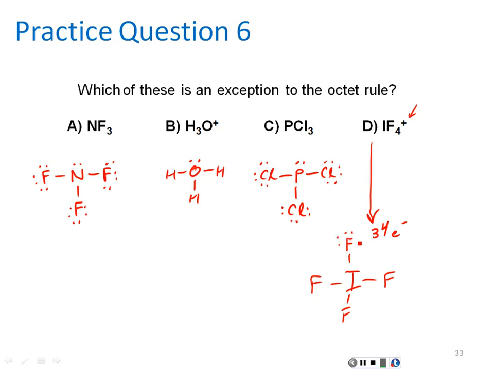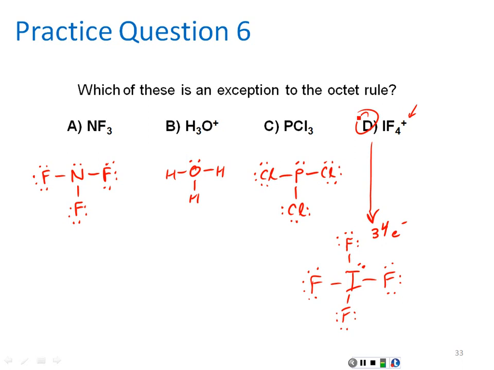1, 2, 3, 4, 5, 6, 7, 8, 9, 10, 11, 12, 13, 14, 15, 16, 17, 18, 19, 20, 21, 22, 23, 24. So we use 24 to fill the octet of fluorine. We're left with 2 more electrons. So they have to go somewhere, so we put them on the center atom. So D will be the correct answer.